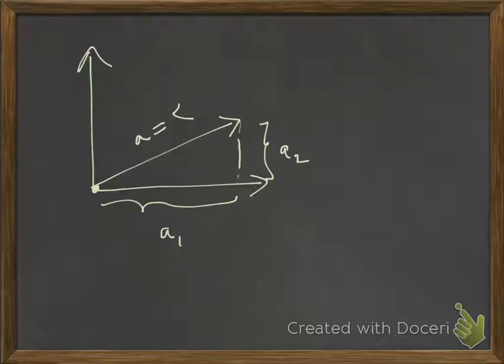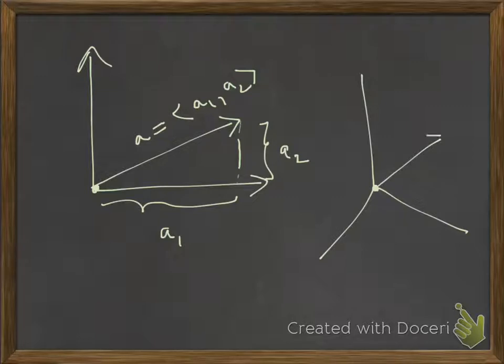And we use the triangular brackets <a1, a2> to represent the vector that has these components, which describes both its magnitude and its direction. Okay, so similarly, if we're in 3-space, and we take our vector and position it at the origin, then we see that it has an x component, a y component, and a z component.